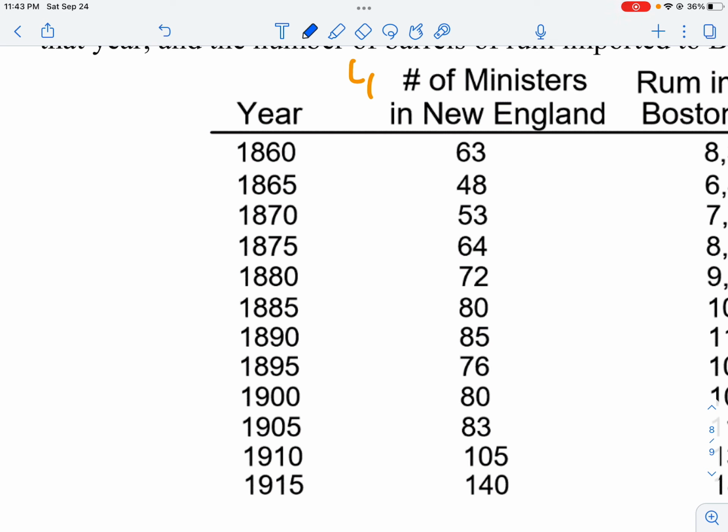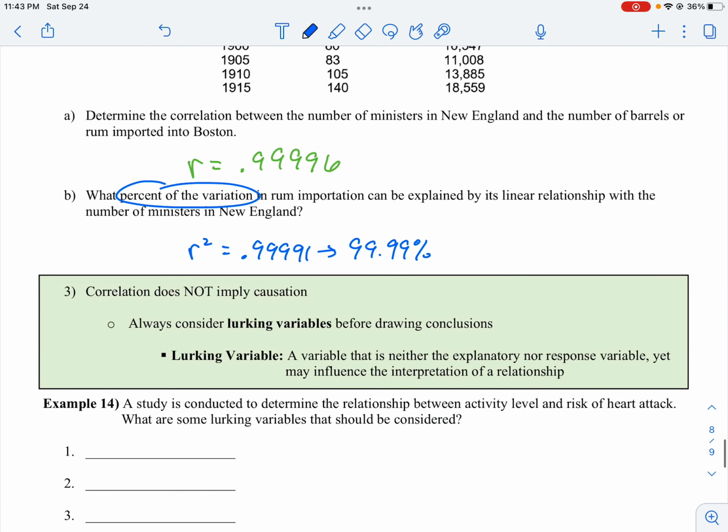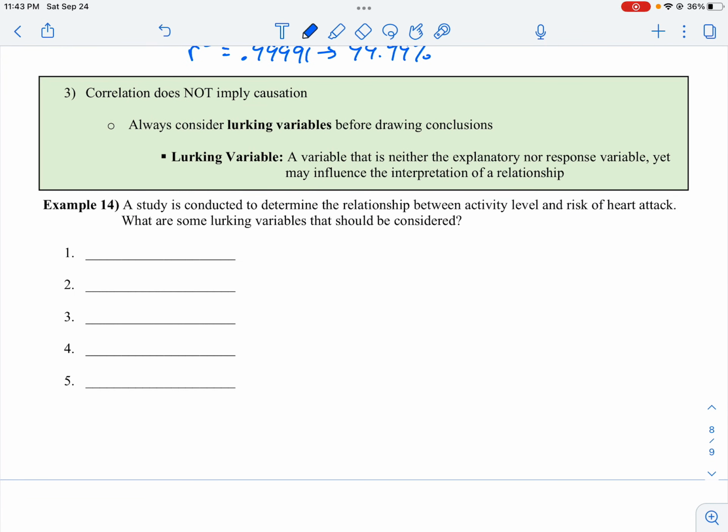There's more ministers, there's more rum, there's more horses, there's more houses, there's more everything. So although there's a very strong relationship between the number of ministers and the number of barrels of rum, an extremely strong correlation, it's not causation. Okay, one is not causing the other to happen directly. So it's always important to think of lurking variables.